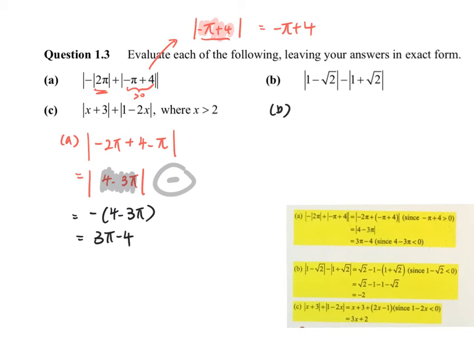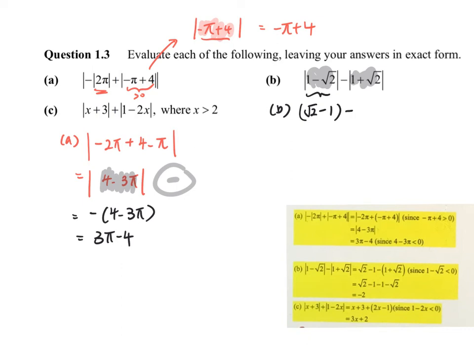For B, similarly in the calculator, I hope you can see that square root 2 is about 1.414. So 1 minus square root 2 is actually negative. And 1 plus square root 2 is definitely positive. Because of that, the modulus of 1 minus square root 2 is the same as square root 2 minus 1.